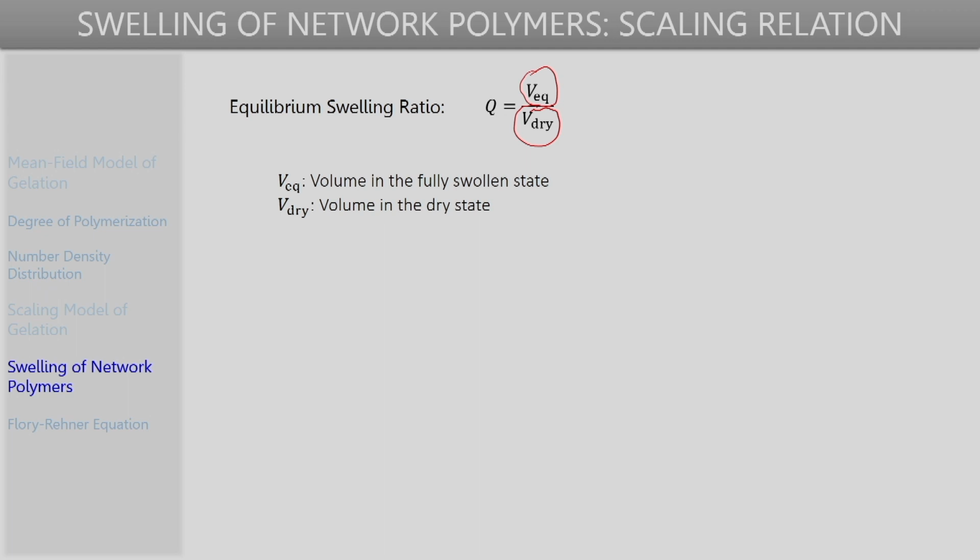Okay. So, what we can do is identify a relation like this between the dry volume of the network polymer as well as the volume fraction of the polymer, for any amount of swelling that has happened. Let us say you have a partially swollen sample which has not yet attained its equilibrium swollen volume.